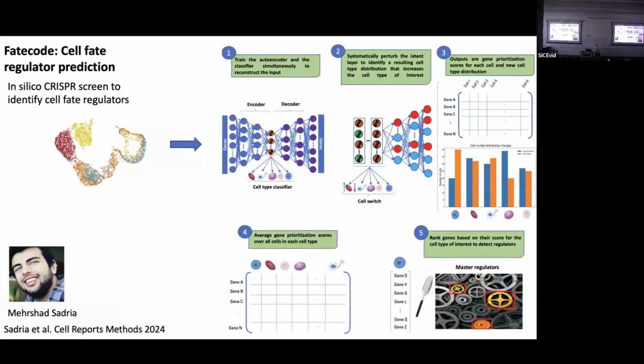So I'm going to talk about 3 projects that are related to human development in general, or stem cell biology. 2 of them are in machine learning, and one of them is mathematical modeling. The machine learning ones I'll talk about first. This is work done by Murshad Sadria, who's a physics PhD student at the University of Waterloo near Toronto, and who's kind of visiting my lab.